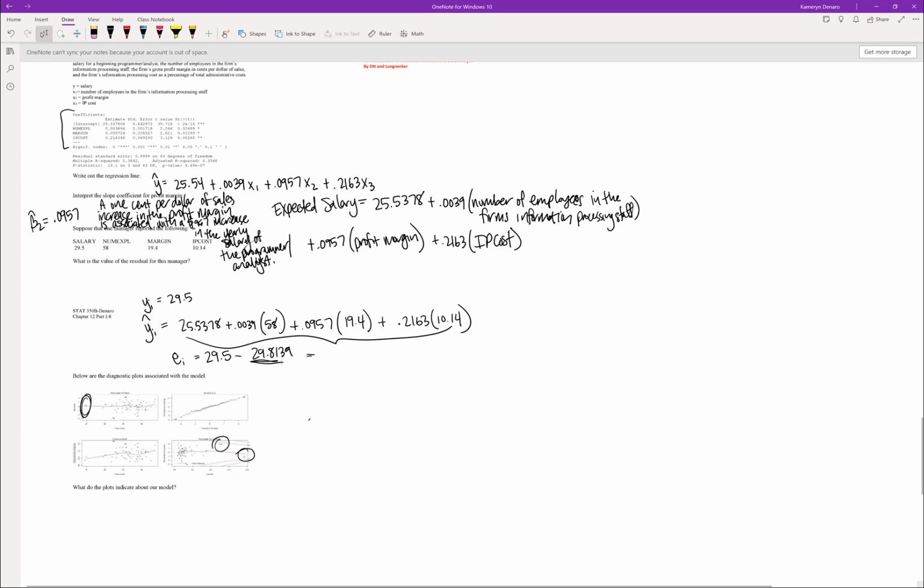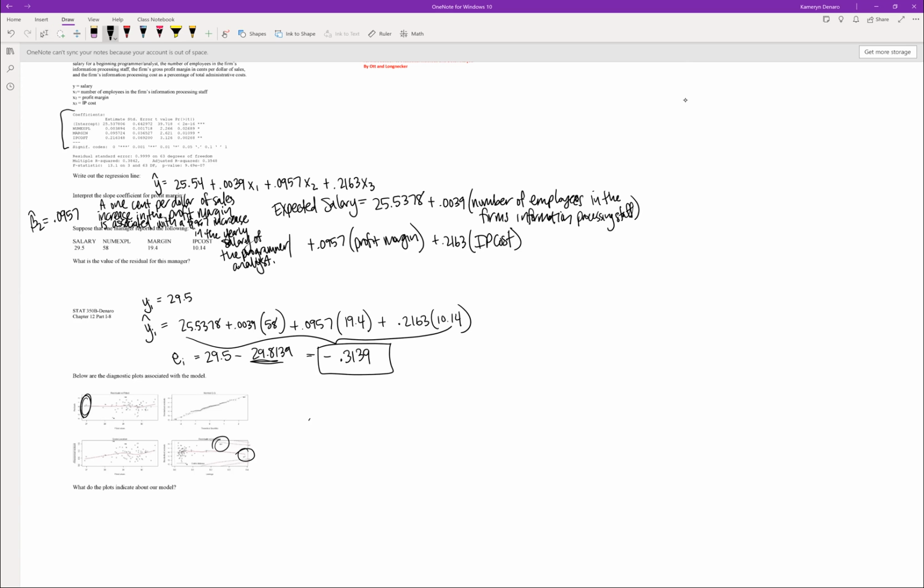And so for the residual itself, we take 29.5 and subtract that predicted value, and what we get at the end of the day is negative 0.3139.